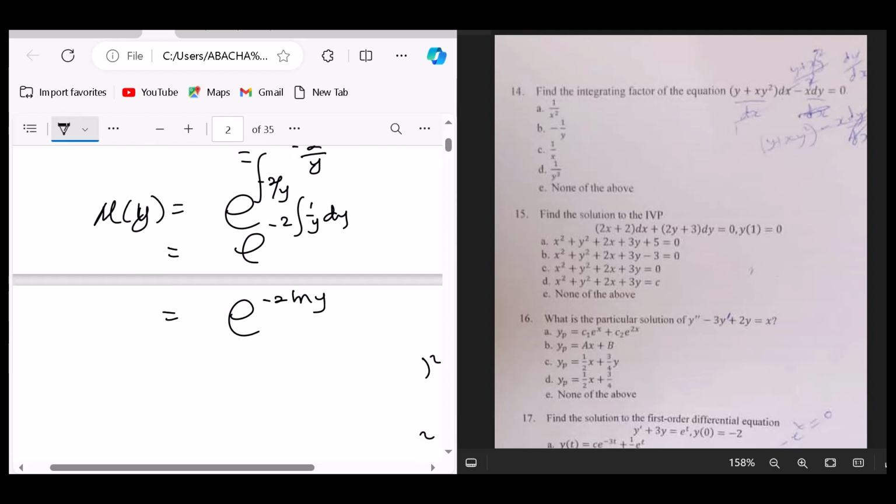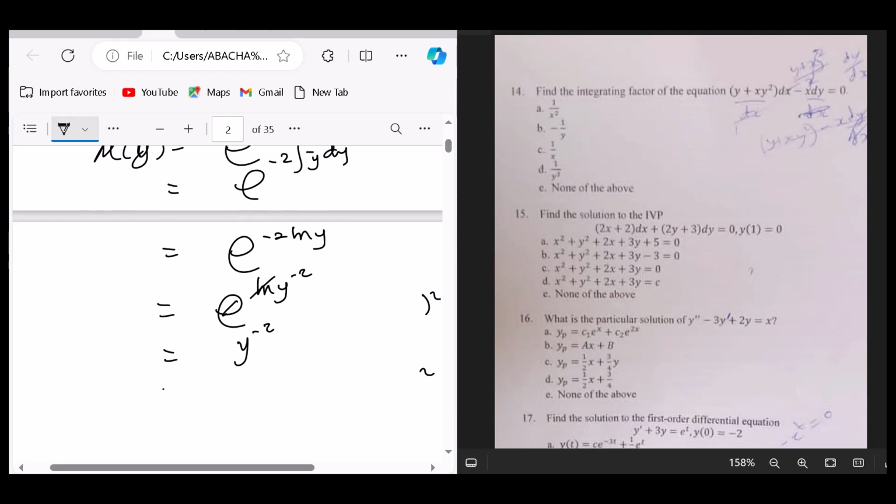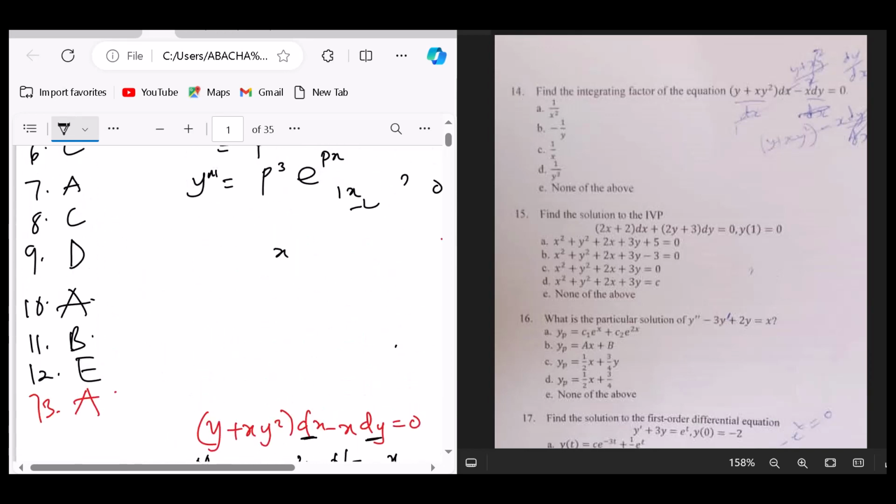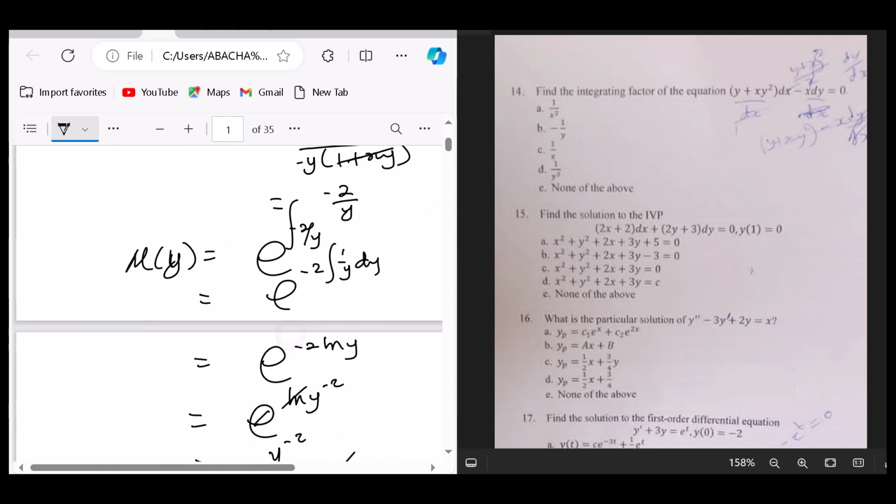That is e to the power of ln y to the negative 2, which gives y to the negative 2, the same as 1 over y squared. This is the integrating factor, and the answer there is D. So for 14 we have D as our answer.